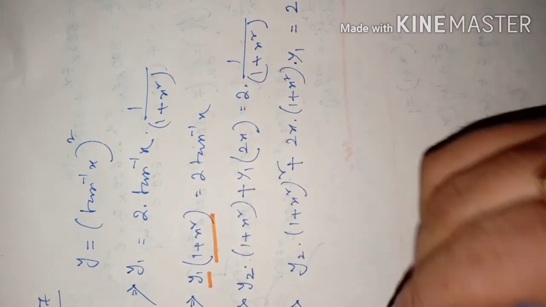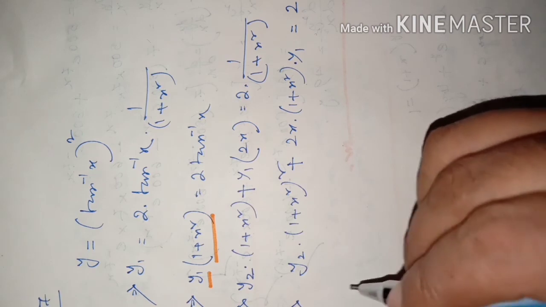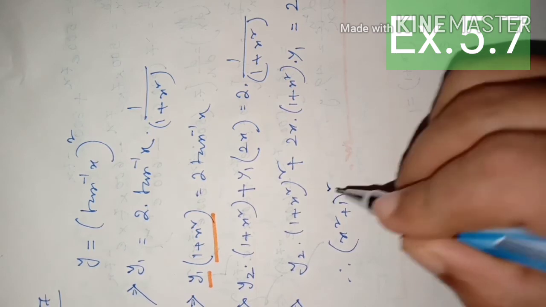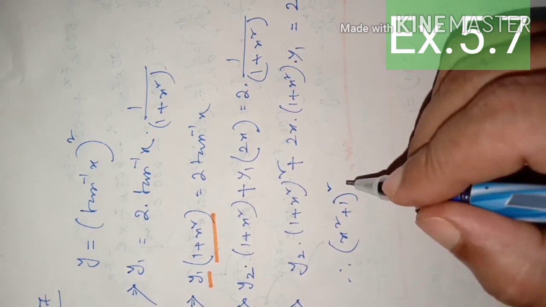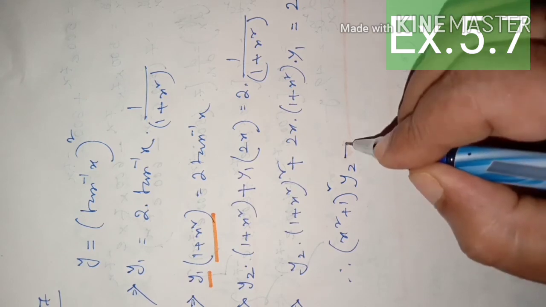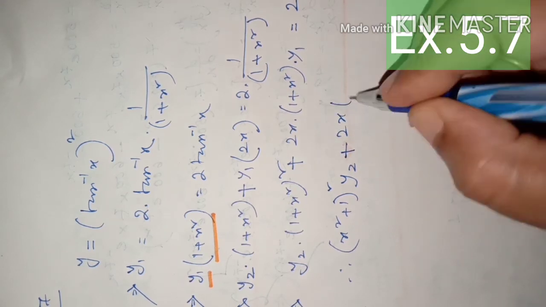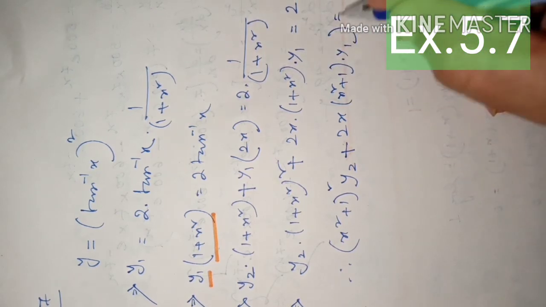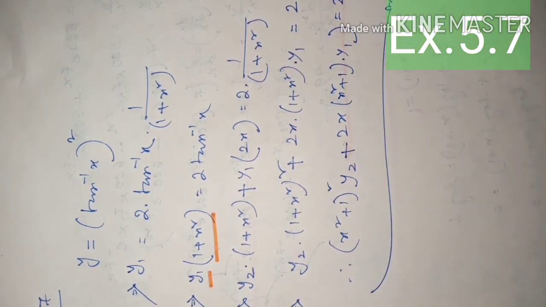Okay students, so I think this is the result. Yes, so our result is x square plus 1 the whole square into y2 plus twice x into x square plus 1 into y1 is equal to 2. This is our final answer. Okay, students.